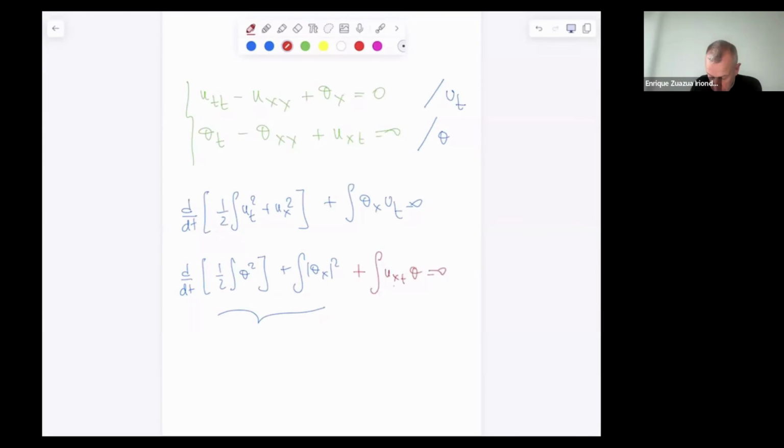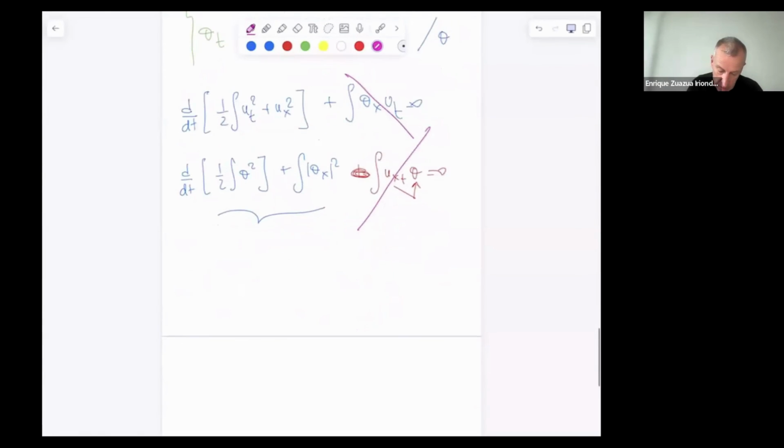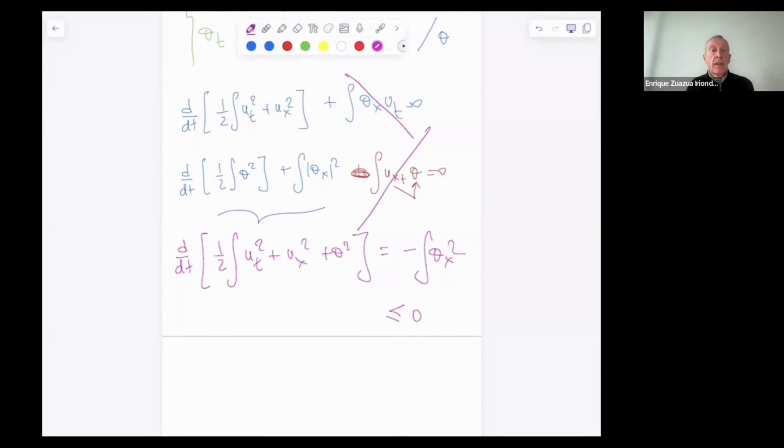When you integrate by parts here, you pass one derivative from u to x, you gain a minus sign, and then these terms cancel, and you get the classical energy identity for the system of thermoelasticity, which is that the integral of u_t squared, u_x squared plus theta squared is dissipated according to theta_x squared, right?